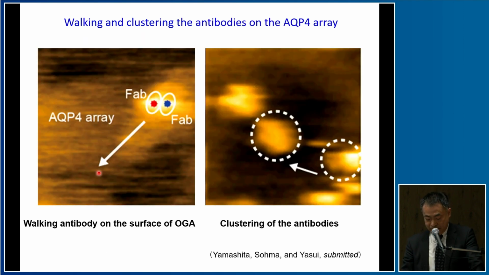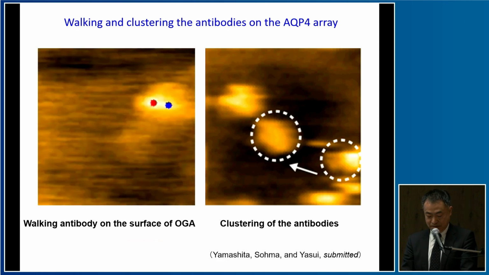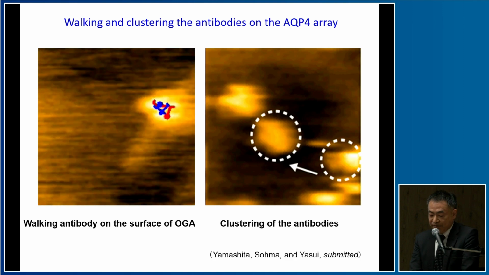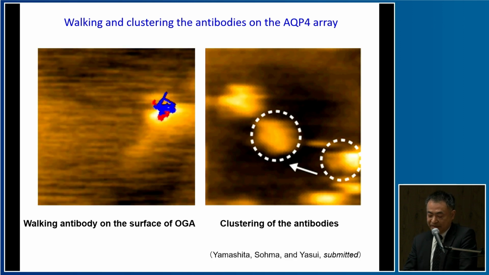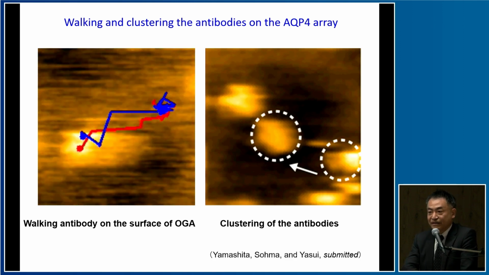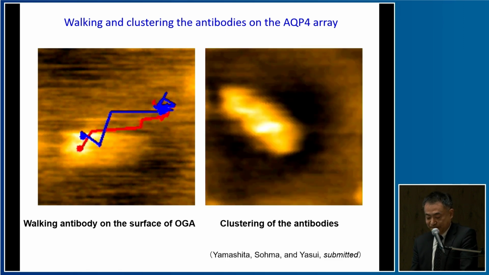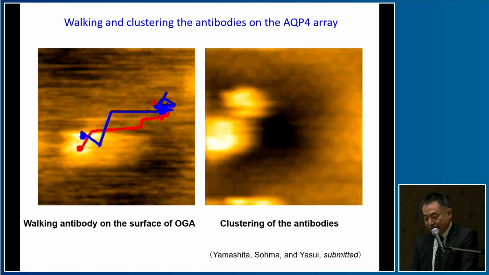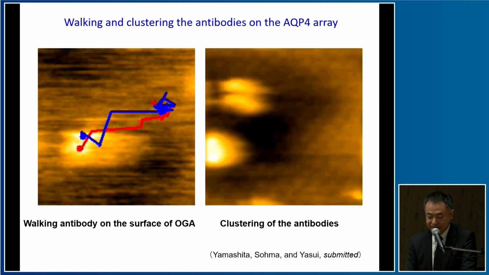And we did, you can see the movie, and we found this antibody can walk around on the huge array surface of aquaporin 4. And if we increase the concentration of the antibody, collision occurs and they make the complex.